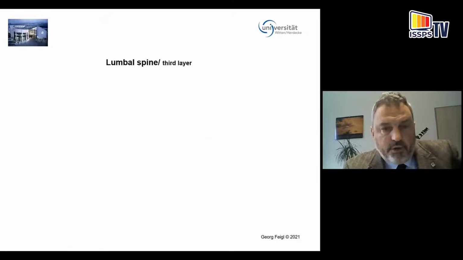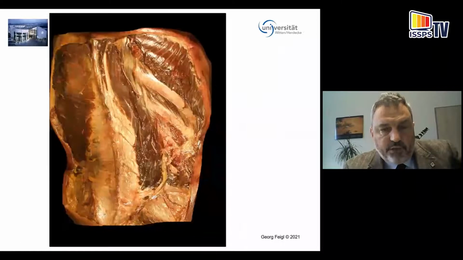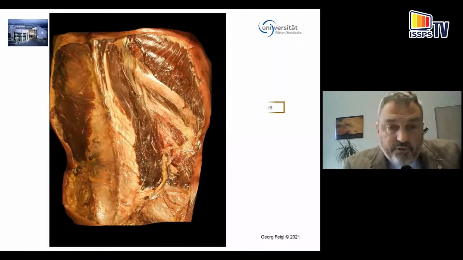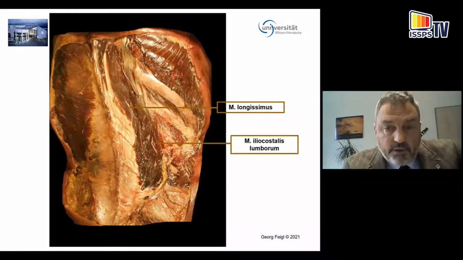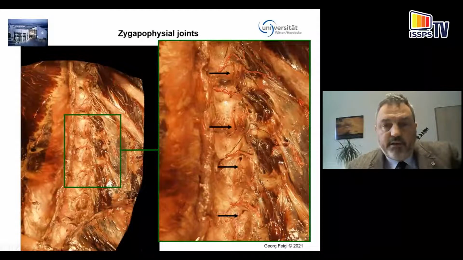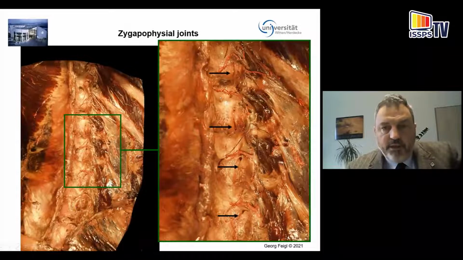If you keep on going, you find the third layer, which is the erector spinae muscle, and then you have to put the muscle fibers away, like the longissimus and the iliocostalis, and you then find the zygapophyseal joints. This is the dorsal view of the lumbar spine with the lamina, with the spinous processes, and then over here you see the zygapophyseal joints opened.